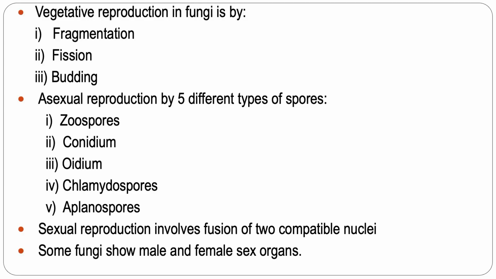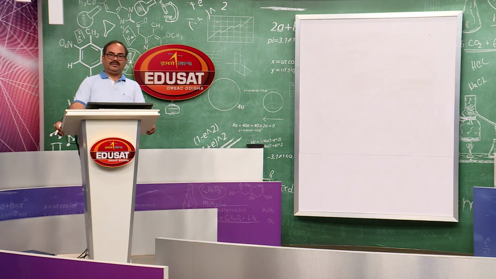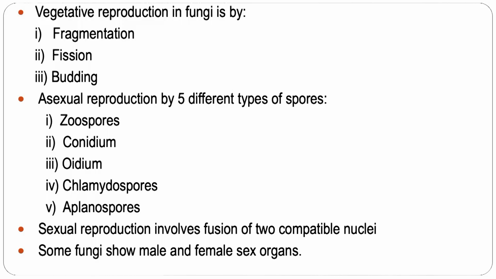Under favorable conditions, when the nutrition supply and all environmental conditions are favorable, fungi grow very fast by fission, whereby the genetic material is divided into two and a wall is laid down, resulting in the formation of two cells out of one cell.